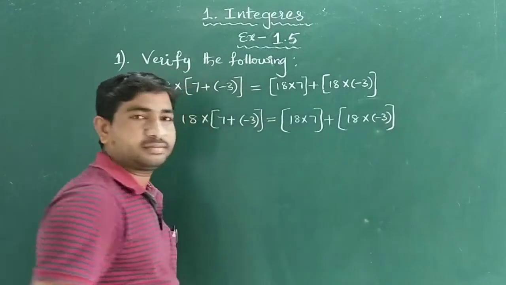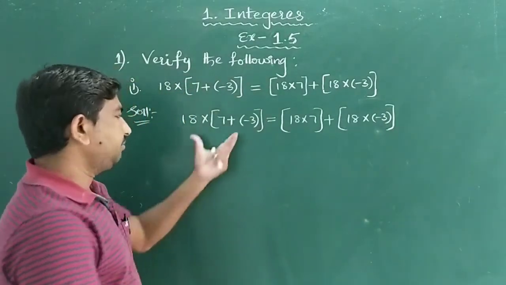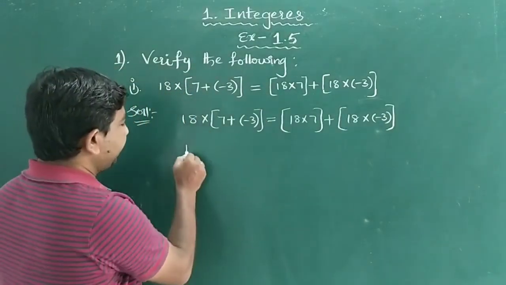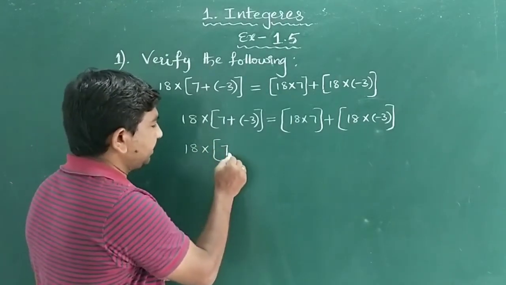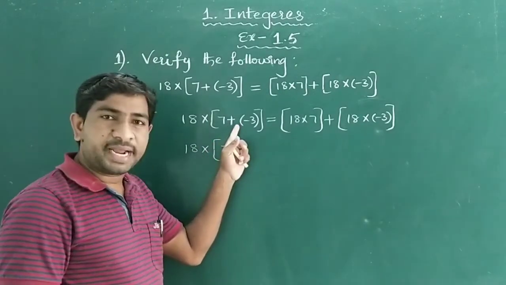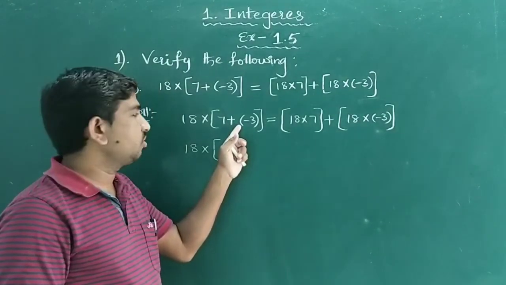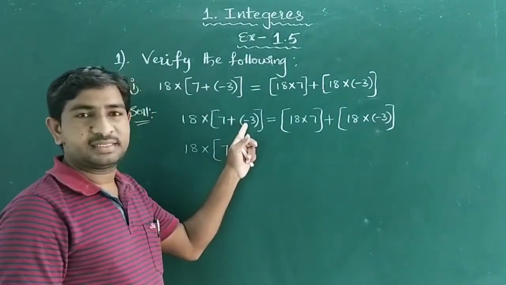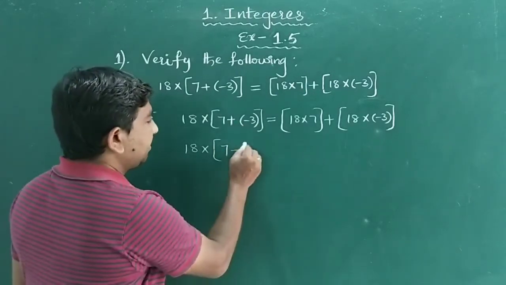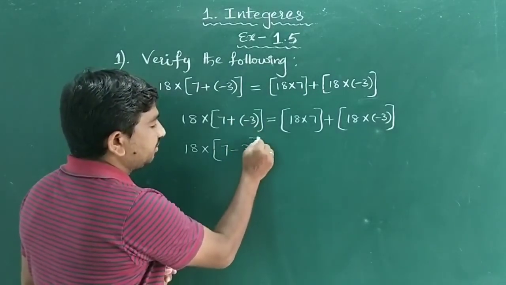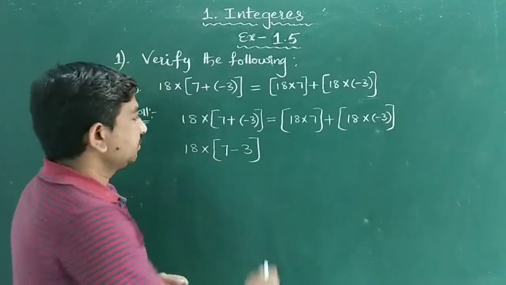Now on the left side we can simplify: the bracket converts into a relation, plus into minus is minus, and we remove the bracket and write minus 3 here.